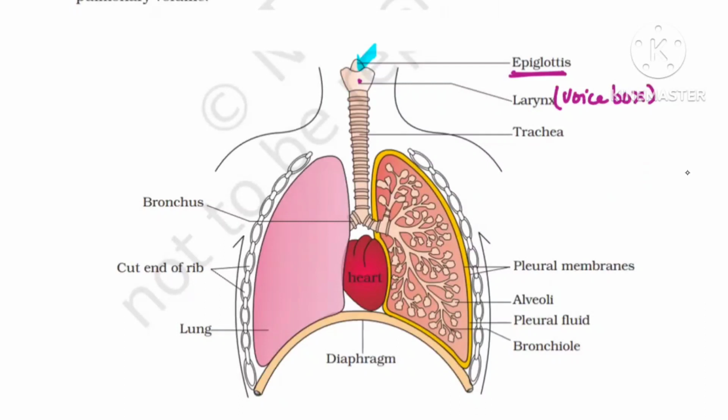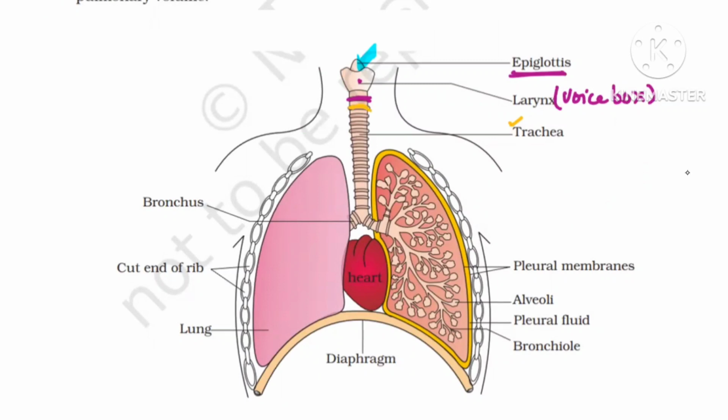These are the trachea. The trachea has incomplete cartilaginous rings, also known as C-shaped cartilaginous rings, and they are incomplete towards the dorsal side. So cartilaginous rings are present from the trachea till the initial bronchiole. Clear, beta? Till the initial bronchiole.